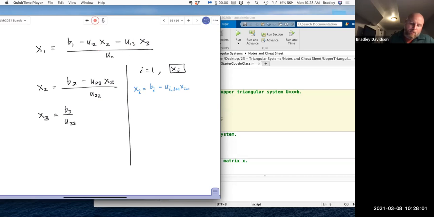Then minus u13, which is u sub i, i plus 2, times x3, which is x of i plus 2. This entire piece is divided by u11, and that would be u sub i, i. So we've converted to index notation.